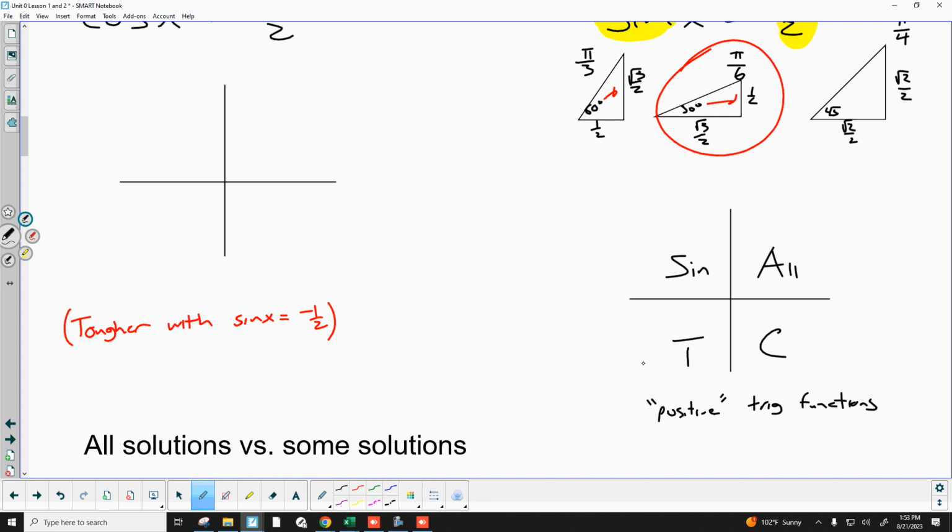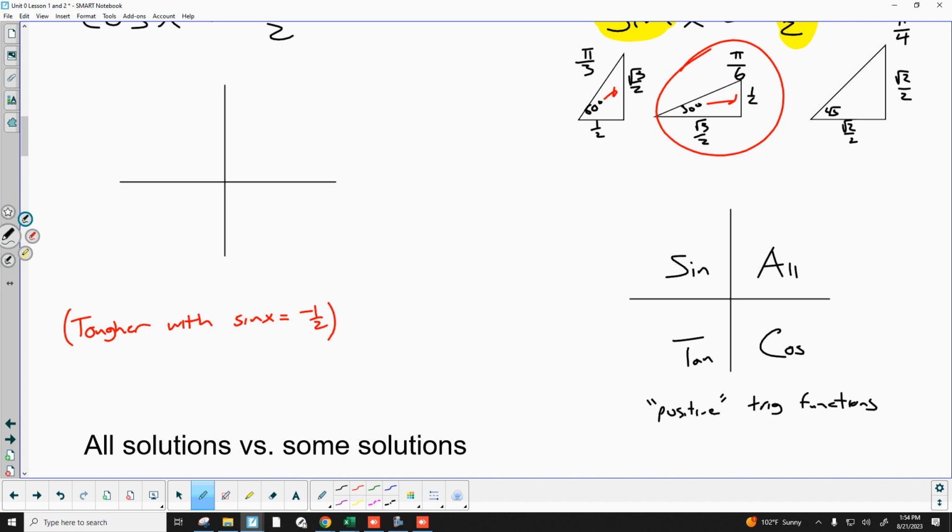Sine and cosecant are positive in the second quadrant because I'm going up in my y direction. Sine stays positive. Tangent is positive in the third quadrant because we got negative x's and negative y's, so negative verticals, negative horizontals. Cosine is positive in my fourth quadrant because I'm going right, but I'm going down. So sine is negative in the fourth quadrant, but cosine is positive.